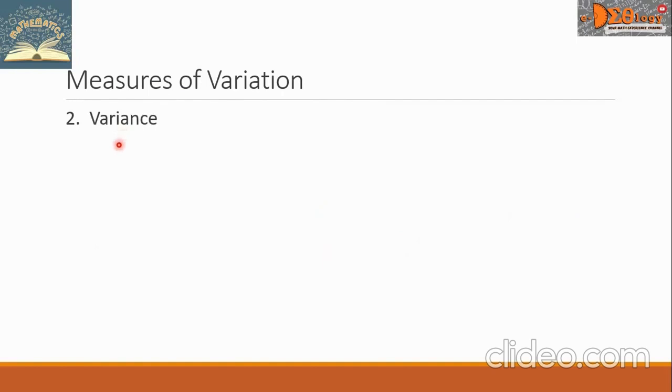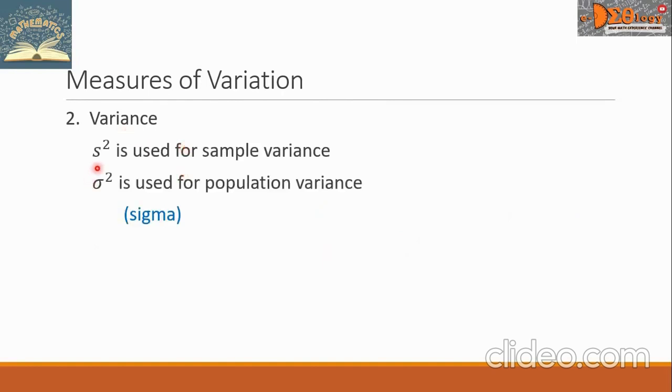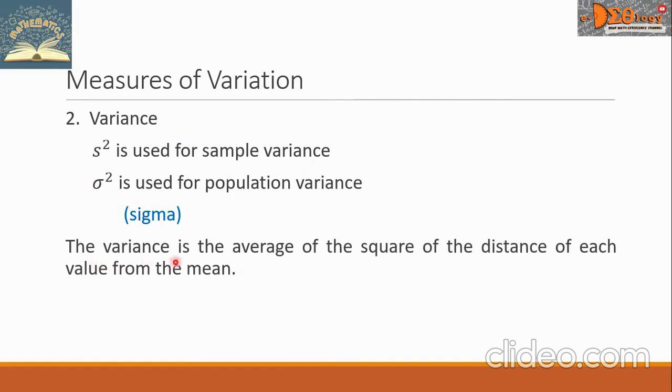The second measure is the variance. S square is used for sample variance, and this symbol sigma square is used for population variance. The variance is the average of the square of the distance of each value from the mean.